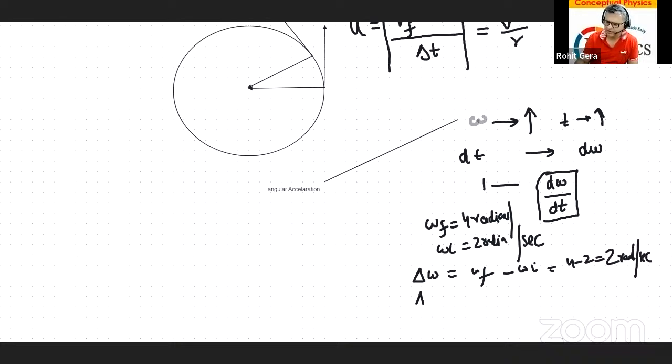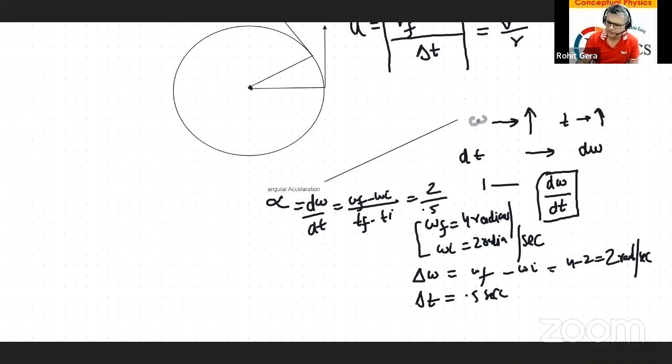Delta t, for example, the time it took to make this change was 0.5 second. So alpha, which is the angular acceleration, is given by d omega by dt is equal to omega final minus omega initial upon tf minus t initial is equal to 2 divided by 0.5 is equal to 4 radians per second square.